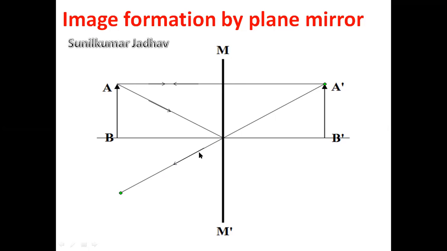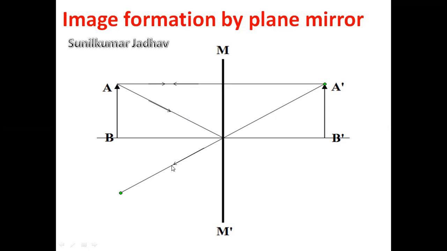So this is reflected ray. I will extend it back side. Then you can see both of them are meeting each other at point A dash. Again, this is point A from where two rays are incident to the mirror. This is ray number 1 which is reflected back on the same path. Here it is reflected at point O, and will be reflected on this path.